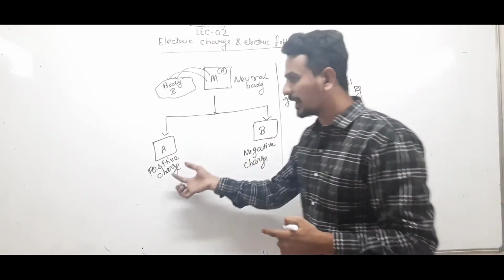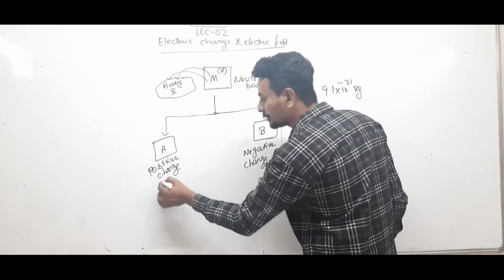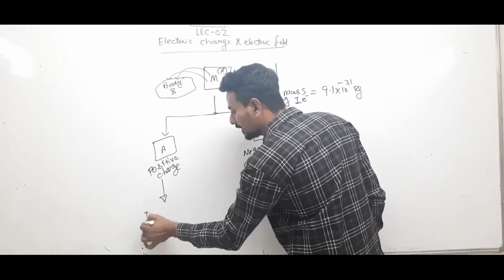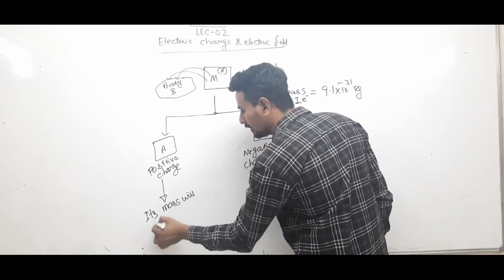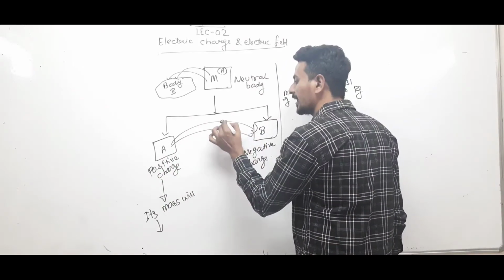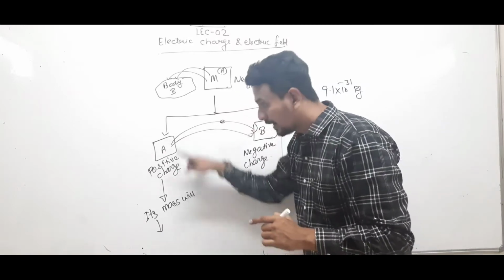When a body loses one electron, its mass decreases by this amount. So body A has lost n number of electrons, so of course the positively charged body's mass will decrease, because electrons are being transferred from A to B. One electron means 9.1 into 10 raised to minus 31 kilogram of mass is reduced.